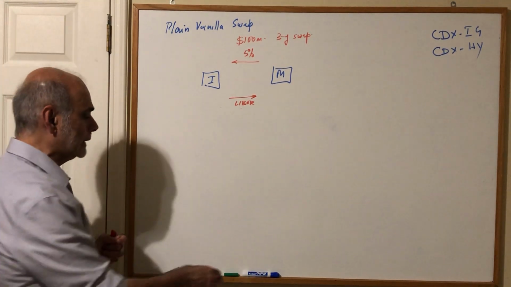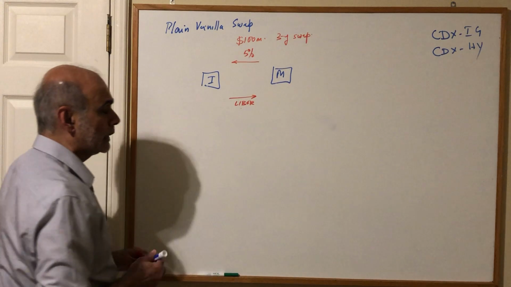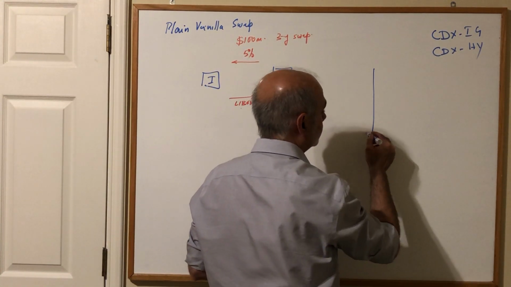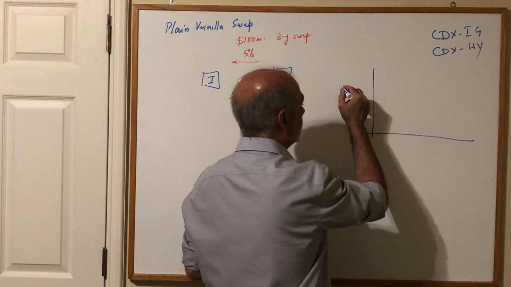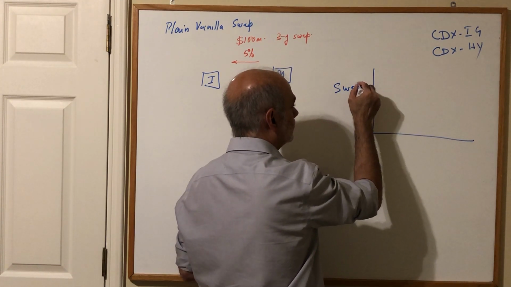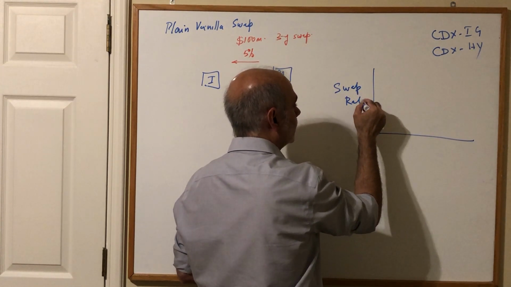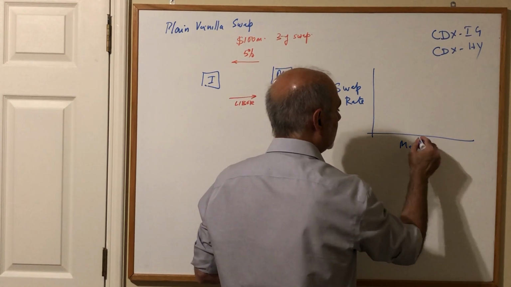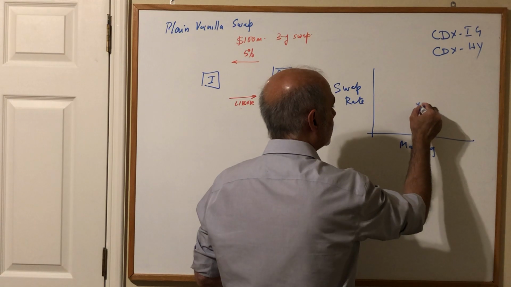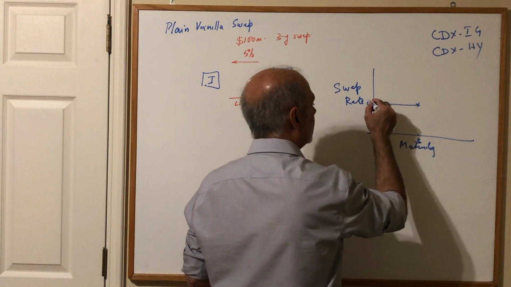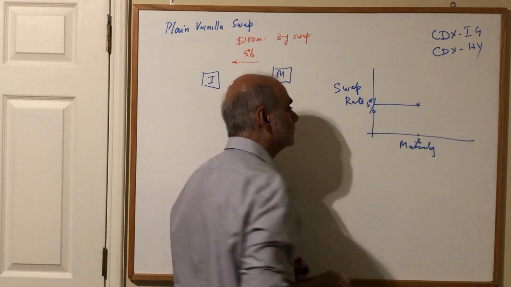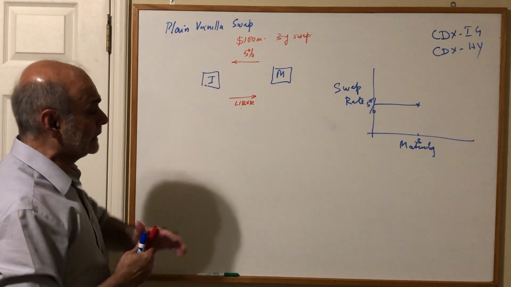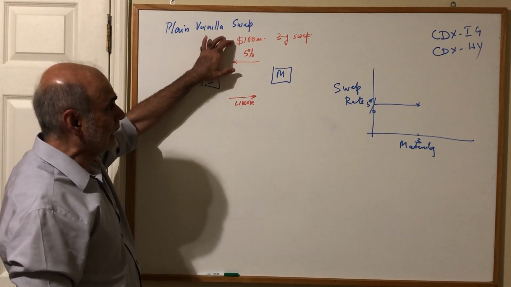Okay, so now what I can do is plot the swap rate versus maturity. And for 3 years, it's 5%. What's usually standardized for swaps is the face value.